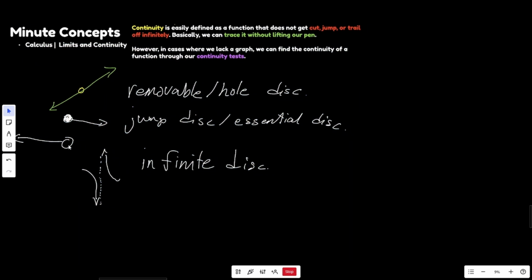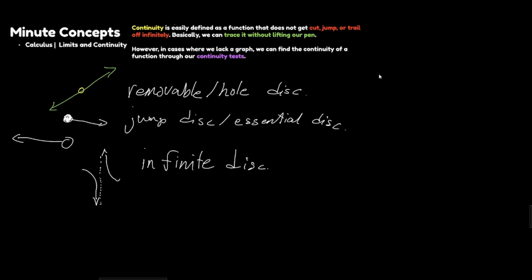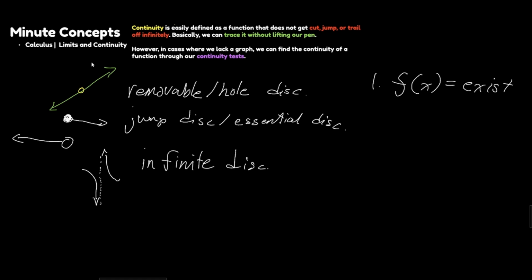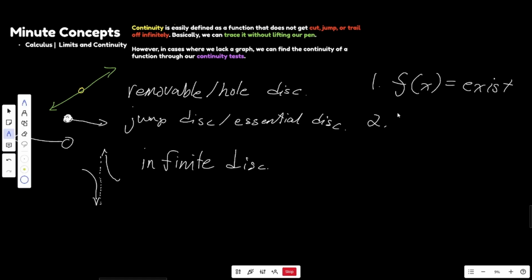For the three-step continuity test, there are three conditions that need to be satisfied. First, the function value at x needs to exist. So, for example, if we're investigating this point, it needs to be shaded. Next is the limit as x approaches a certain value.